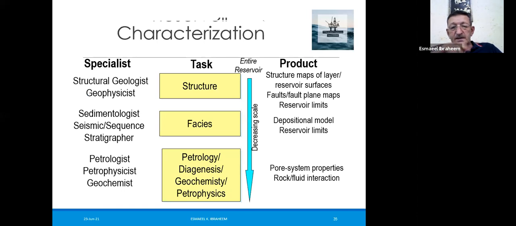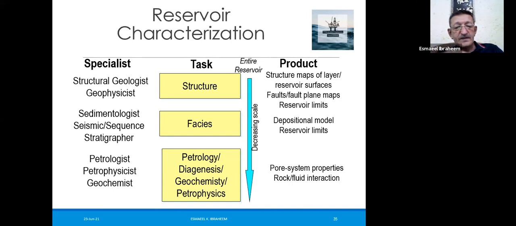Reservoir characterization. This is a very important part of the study. You have here a task. You have a structure, facies, petrology, diagenesis, geochemistry, and petrophysics. For each one, there is a special person working on it. For example, for a structure, we have a structural geologist and geophysicist.